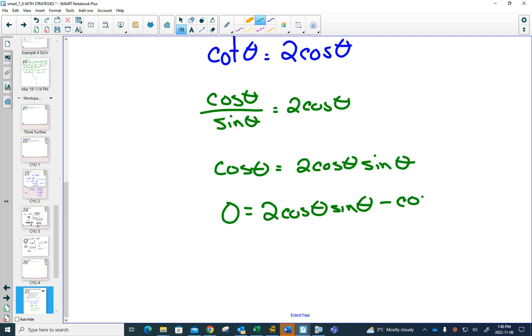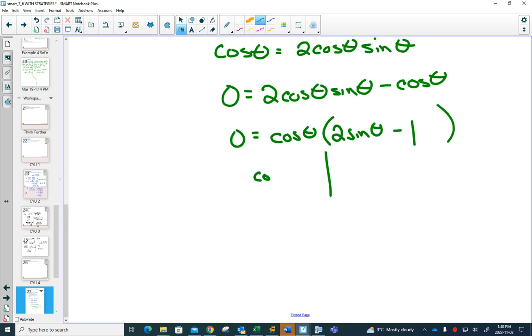And you had a question just like this on your first take-home quiz. Right? We have a common factor of cos theta that you can pull out, leaving you with 2 sine theta minus 1. That splits it right there, and now your trig functions have been separated, and you can solve for each separately.